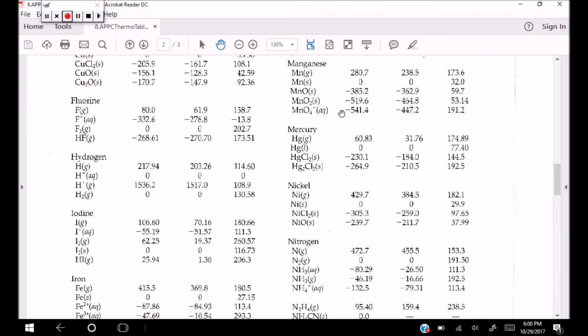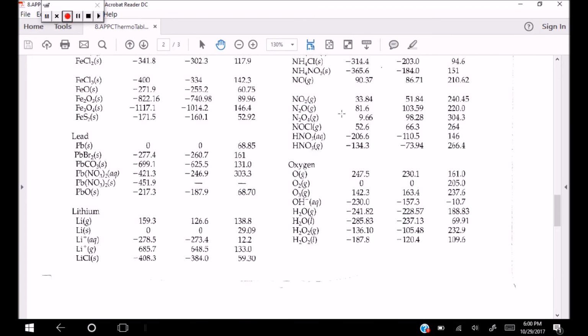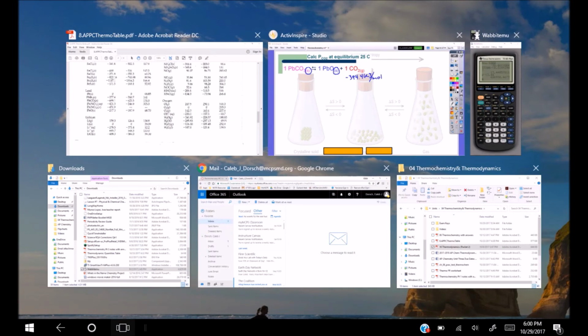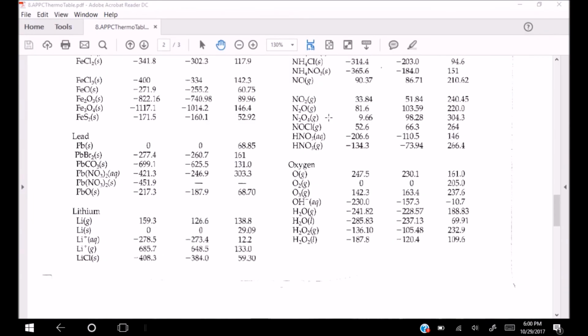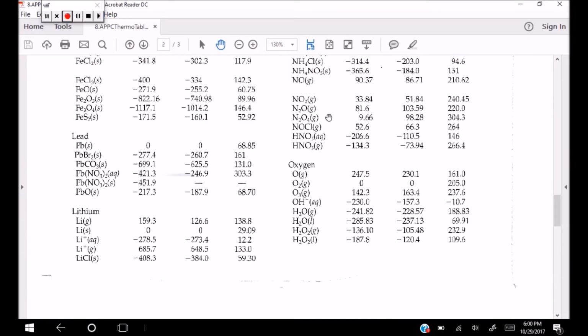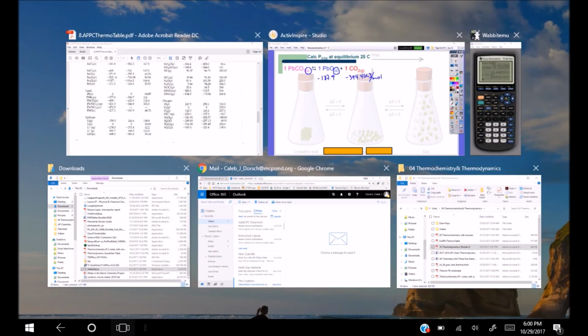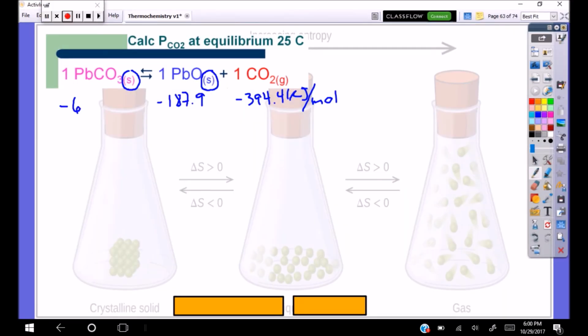So PbO is negative 187.9. And lead carbonate is negative 625.5 kilojoules.